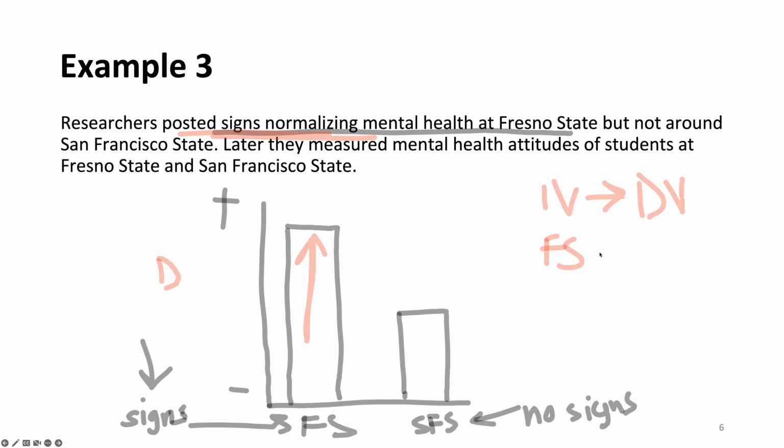So maybe they're just different baseline. So we'll say different baseline. Maybe Fresno State students have different resources. So we'll say more health resources.